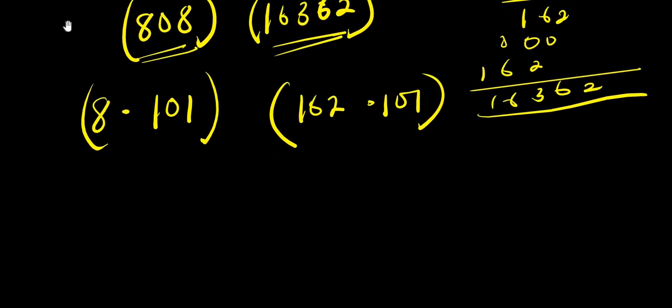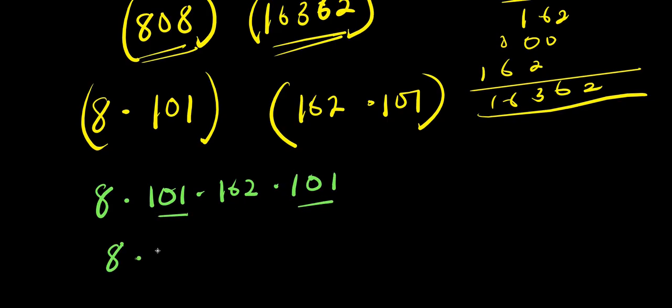Now, what you need to do at this point is you can have this as 8 times 101 times 162 times 101. This and this are the same, so you can have 8 times 162 times 101 raised to the power of 2.